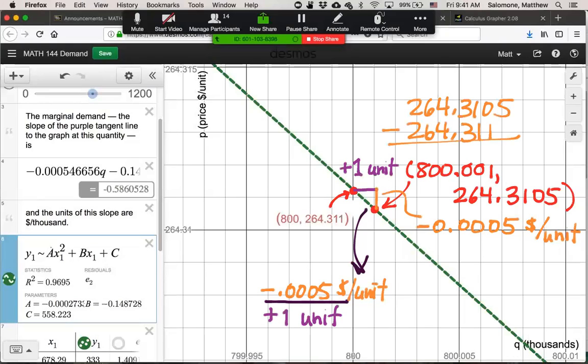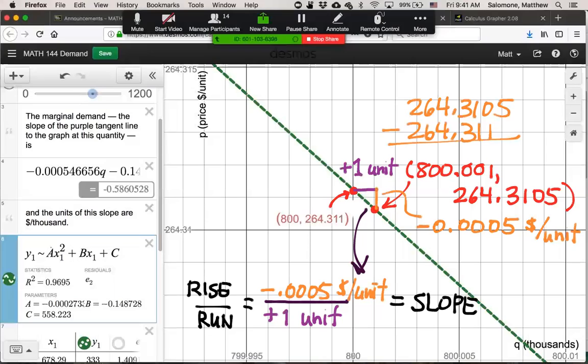And I'm going to get a quantity that looks an awful lot like a rise on the graph divided by a run on the graph. This is a kind of quantity that we've met a number of times in algebra and also in pre-calculus, and it's super important. It powers the whole first half of calculus as well. When I divide a rise by a run, what I get is a slope.